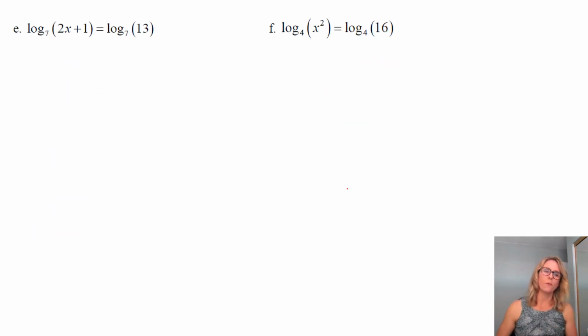Okay. Now we have examples with logarithms on both sides. And you might think, uh-oh, but don't think that. Because there is a rule that is true: if you have a log of something equaling a log of something and your bases are the same, then the key thing is that because the bases are the same, the only way for these two sides to be equal is if the insides are the same.